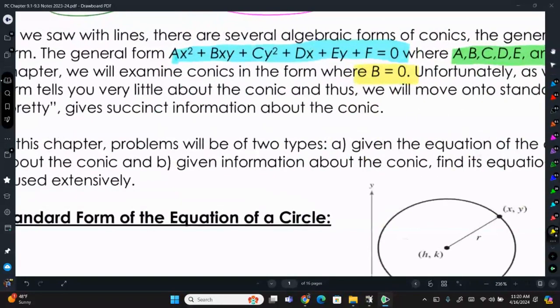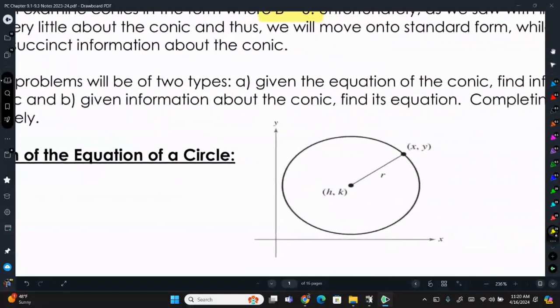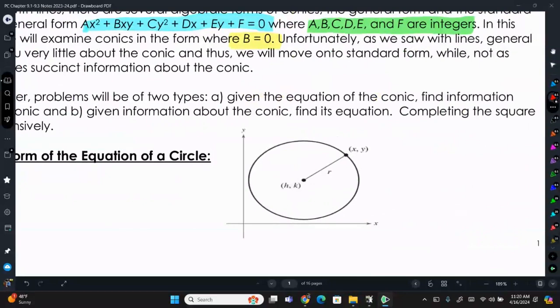We're just going to have an ax squared, a cy squared, a dx, and ey, and f is a constant. It will equal 0. So again, the forms that we're going to be looking at are ax squared plus cy squared plus dx plus ey plus f equals 0.